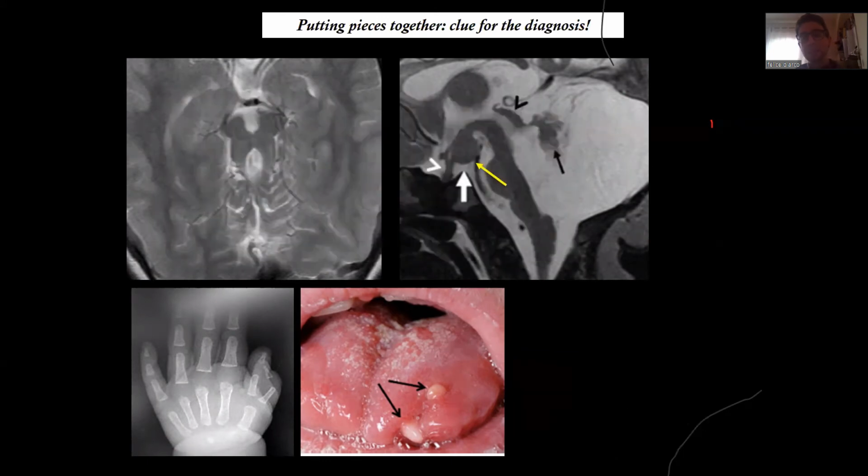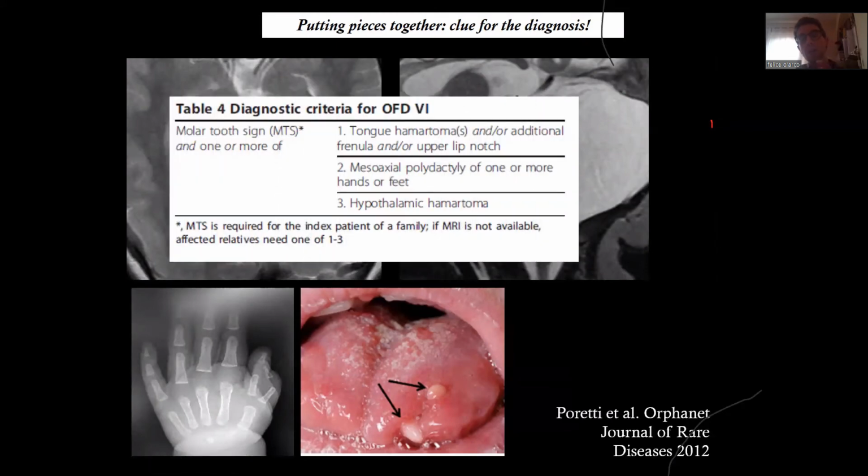But in this case, as you can see here, for instance, the vermis is extremely atrophic, the pons is abnormal as well, very dysmorphic brainstem. So you put together all the pieces of your neuroradiological puzzle, actually clinical radiological puzzle, and you do the diagnosis. This can be very, very important because it changes a lot in the management of the child.